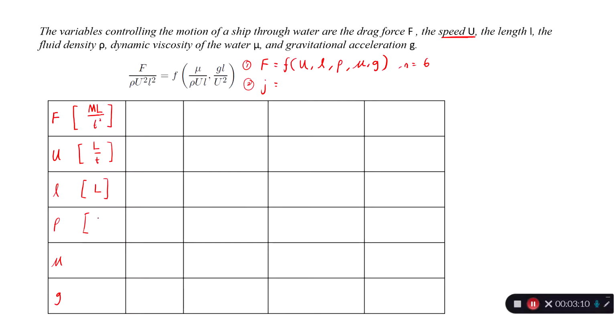This is density. That would be mass over length cubed, mass over volume. And then viscosity is kilograms per meter second. So that's mass over length time. Okay, gravity will be length over time square.